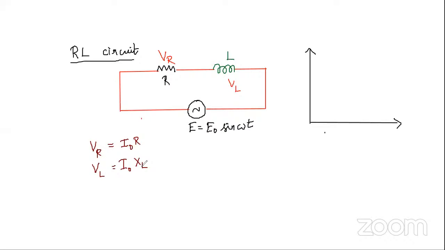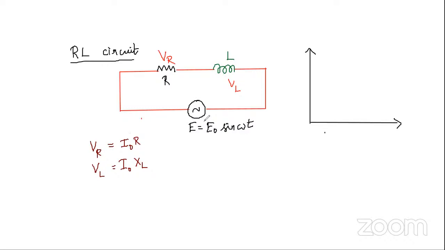So here this VR, the potential drop across the resistance, and this EMF are in phase. Because we know very well when you have a resistance, it doesn't introduce any phase difference between the voltage and current. So this VR and this EMF both are in phase. But this VL actually leads the current by pi by 2. I think you can understand this.